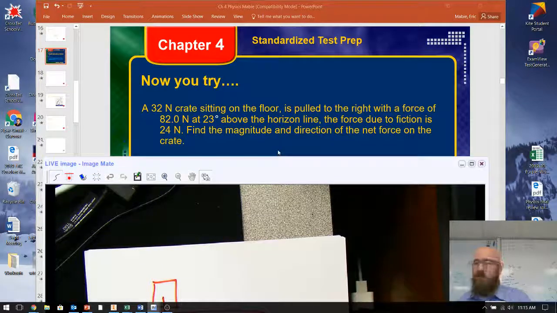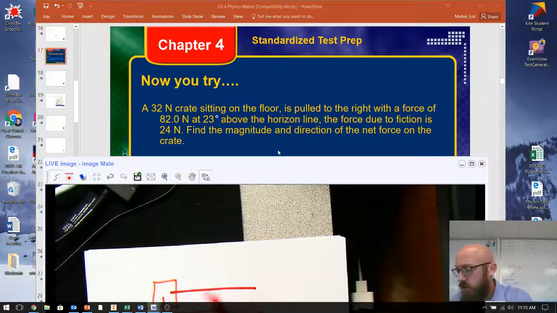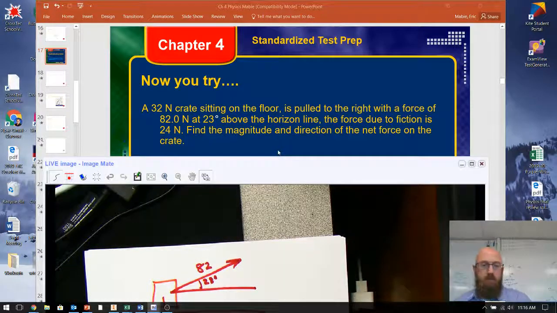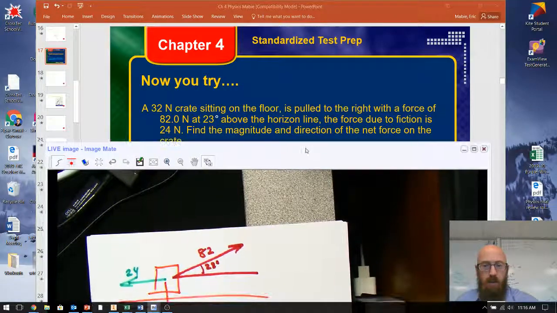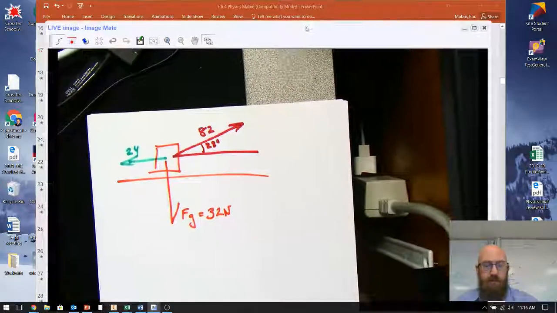It's pulled with a force of 82 newtons at a 23-degree angle. And then friction is 24 newtons. So find the magnitude and direction of the net force.